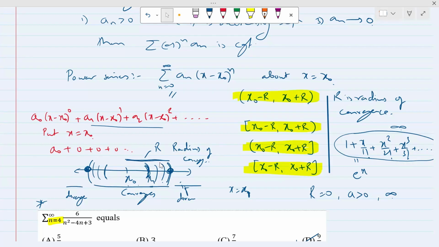That is, you can say somewhat in R2. Then you will have an open disk instead of an interval, in which your series converges, and outside of that open disk, the series diverges. So the radius of that open disk is the radius of convergence of that power series. Is that okay? Okay, sir. Thank you, sir.